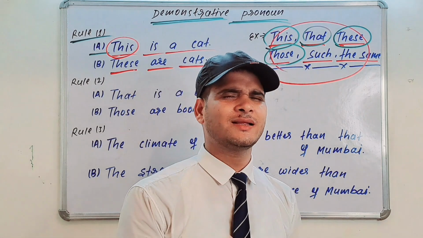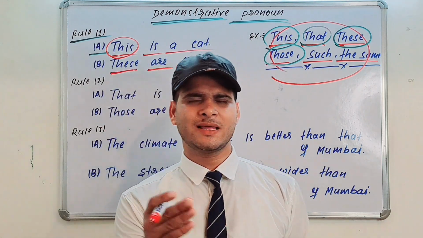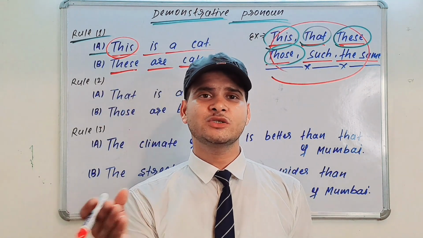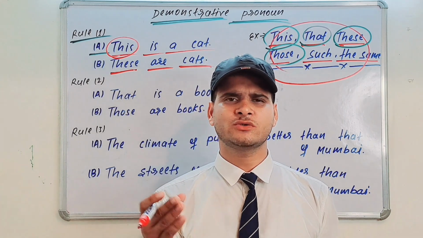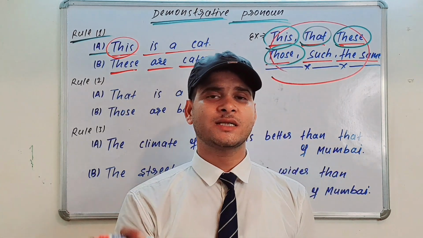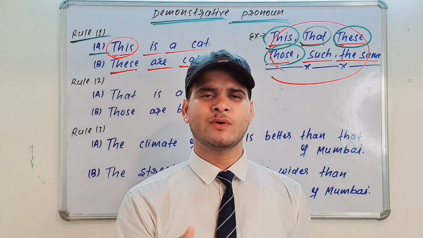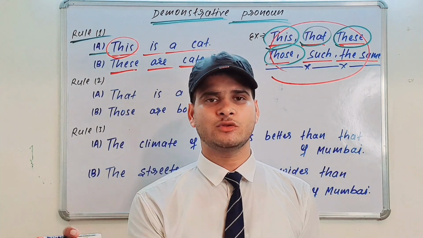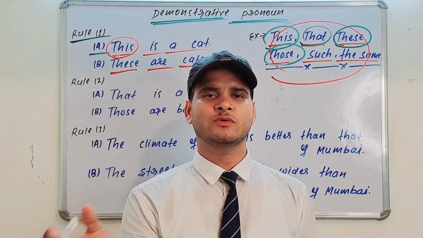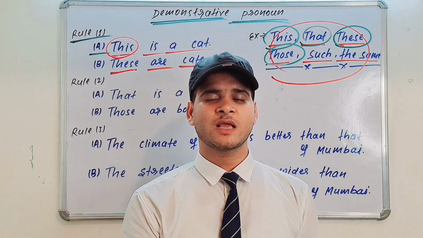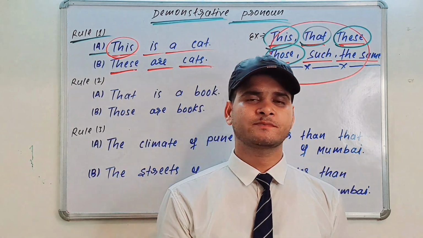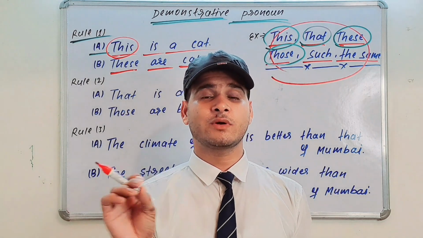I just told you the main difference between this and that. This is used to point out the nearest singular noun and that is used to point out a distant singular noun. And the main difference between these and those: these is used to point out the nearest plural noun and those is used to point out a distant plural noun.